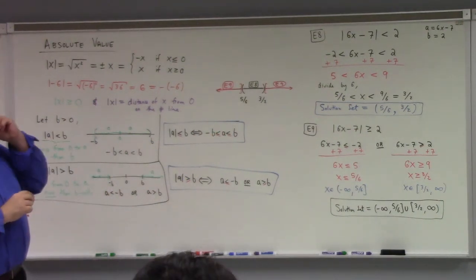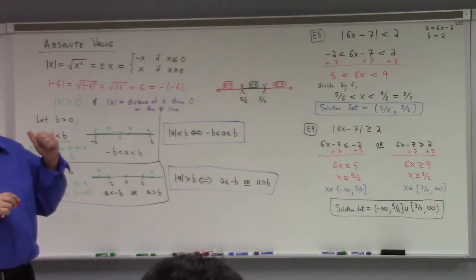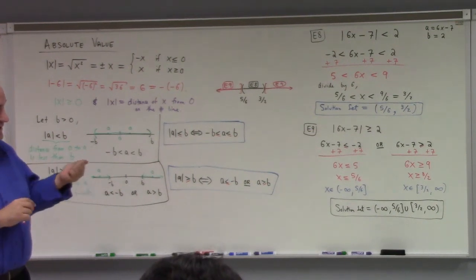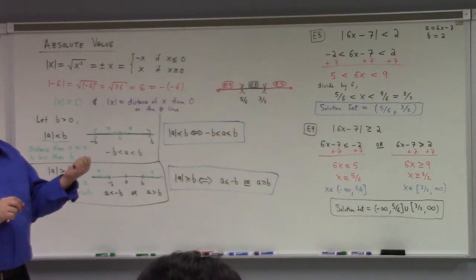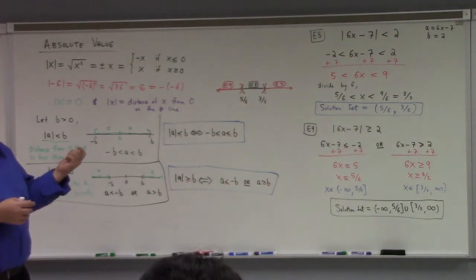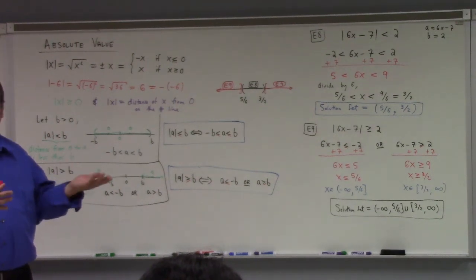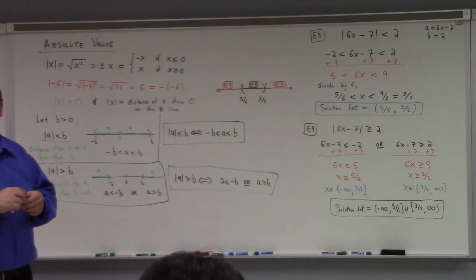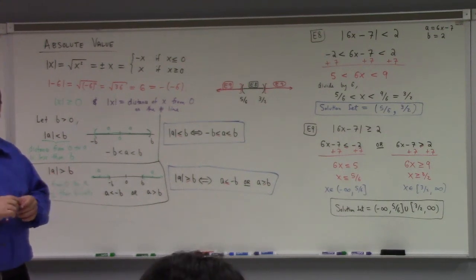Because 6x minus 7, it's either greater than or equal to 2, like in example 9, or it's less than 2. It's impossible for it to be anything else, right? Because the absolute value of 6x minus 7, whatever x is, it's definitely a number. Like the domain of absolute value of 6x minus 7 is a function, whatever that means. We'll talk about it next week.